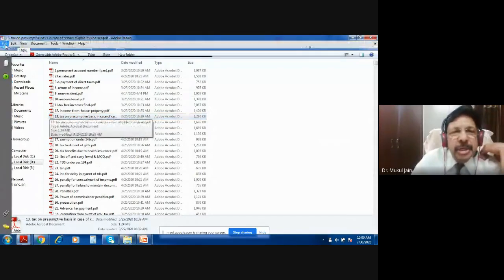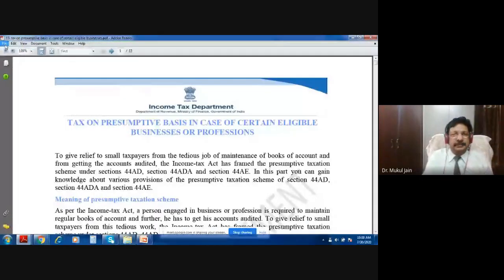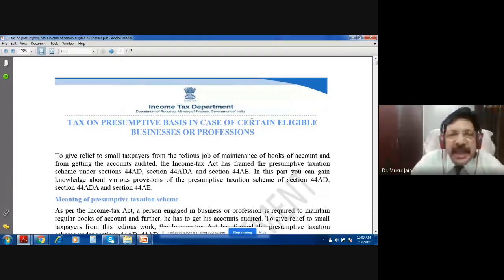Okay, I am introducing a new concept to you. We are coming to business income or individual income tax on, you are seeing this heading, tax on presumptive basis in case of certain eligible business or professions. It's an interesting concept I am introducing to you. Tax on presumptive basis, or in other words you can call it presumptive income tax.